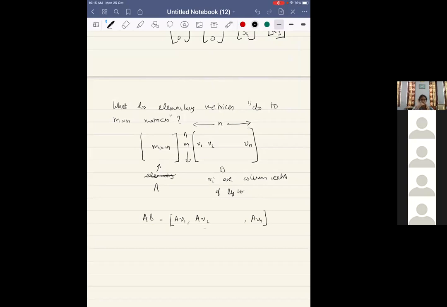So each of these is a column vector. When you first encounter matrix multiplication, this is something that you often don't see, but after somebody points this out to you, it is immediate.